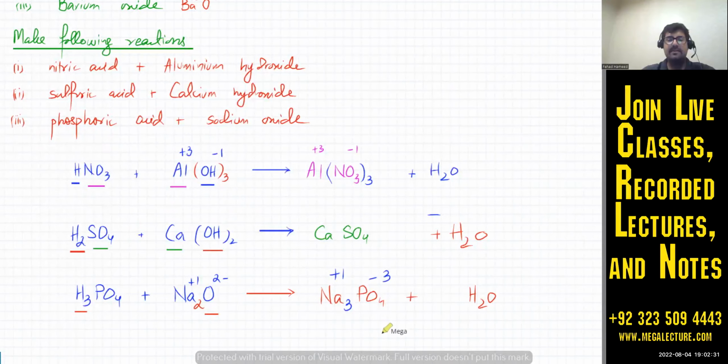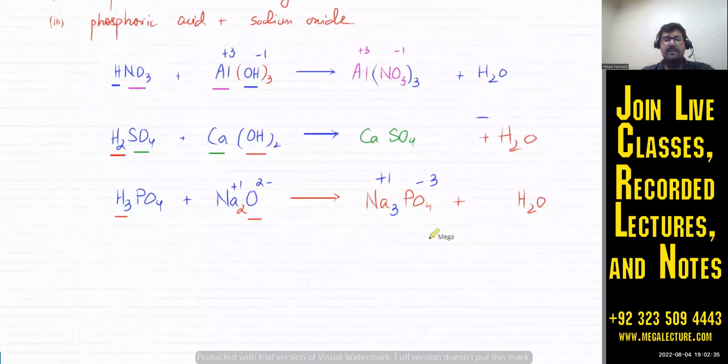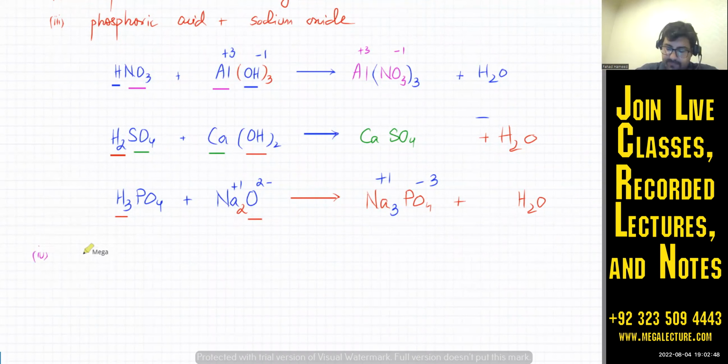You can remember crisscross. I'll do a couple more reactions and then we can move to the second equation. Let's do a fourth reaction. Let's talk about barium oxide with hydrochloric acid. So hydrochloric acid, what is the formula of hydrochloric acid?